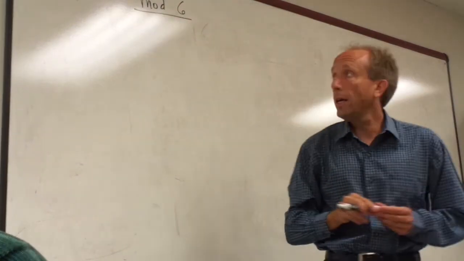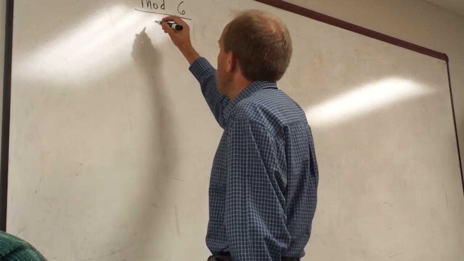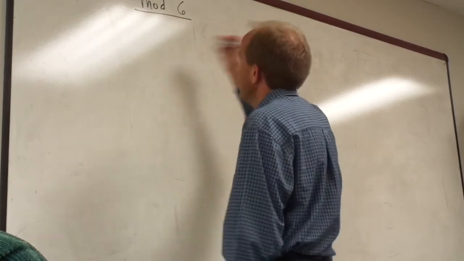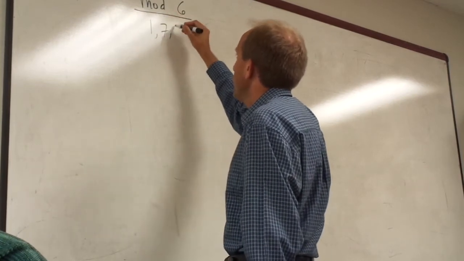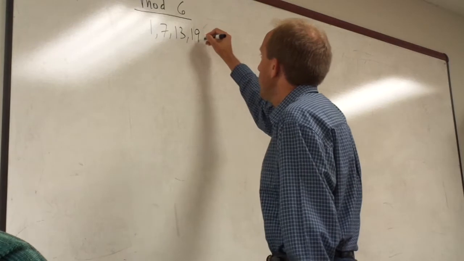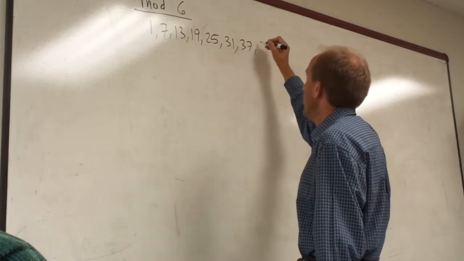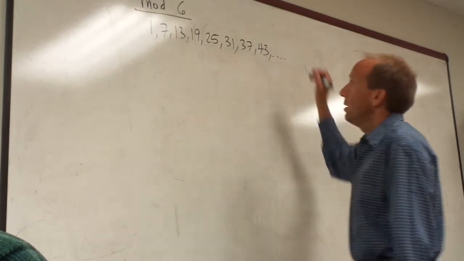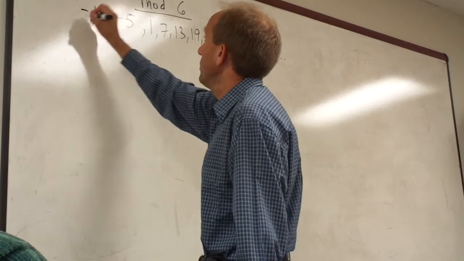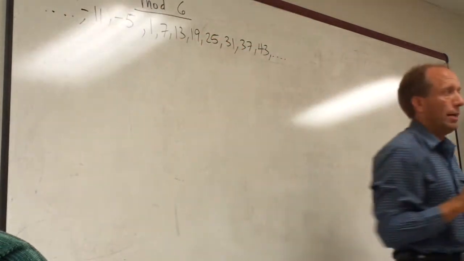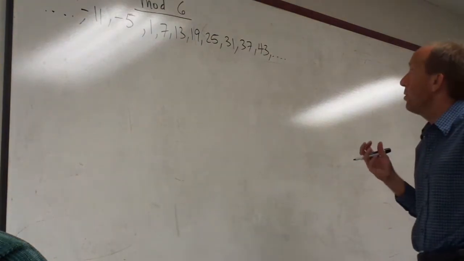That would mean that we're going to say that 1 and 7 and 13 and 19 and 25 and 31 and 37 and so on, all of these numbers, and you can do negative numbers as well, are basically the same. They literally aren't the same, but we view them as being the same.